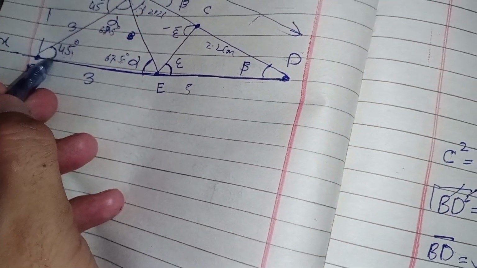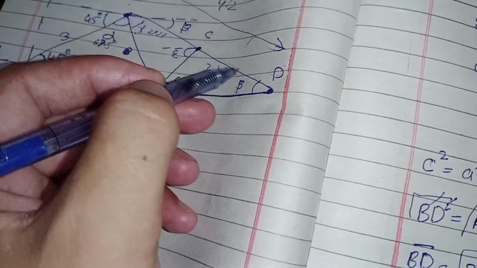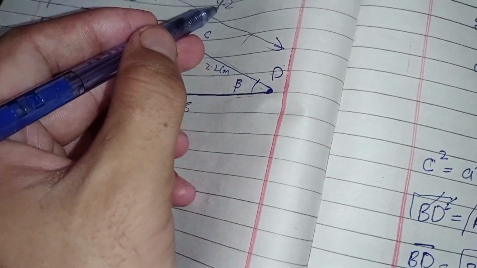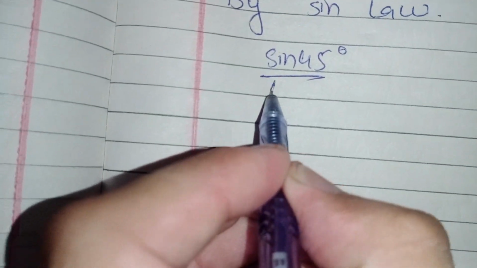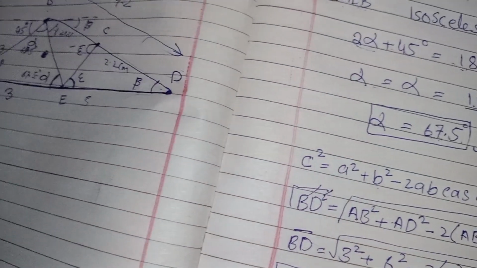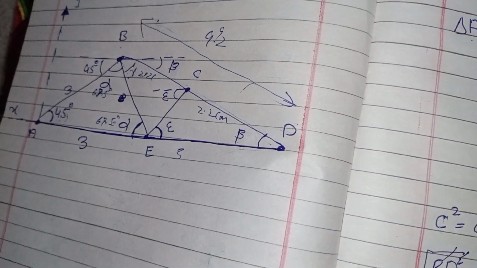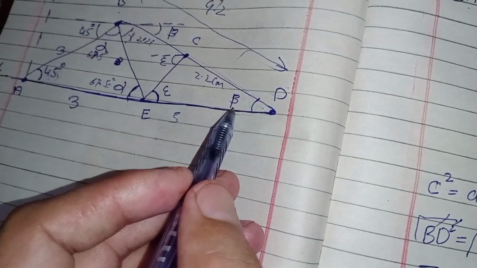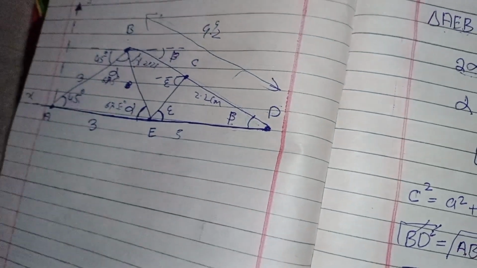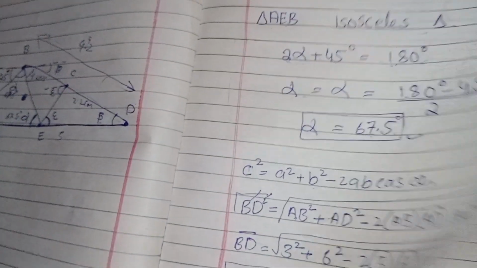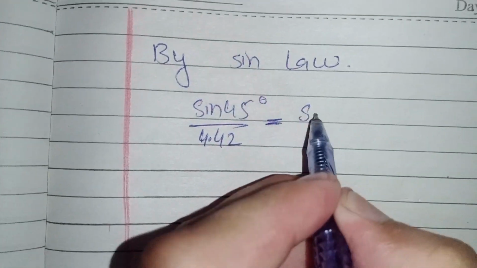Sine 45, this is 45, its opposite side is this length 4.42, divided by opposite side 4.42, equal to sine beta. This is sine beta and its opposite side is 3.